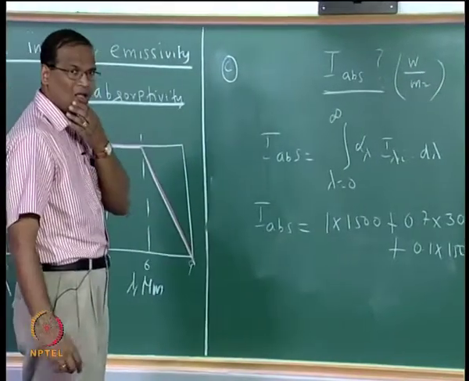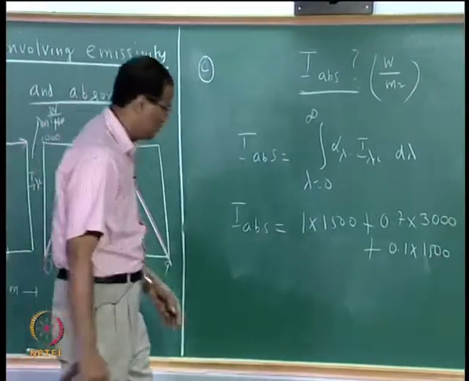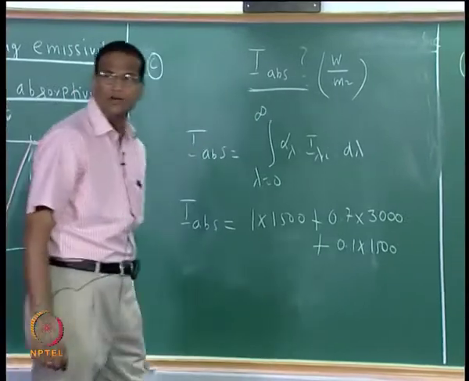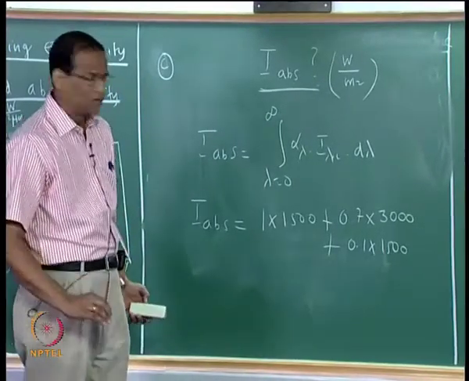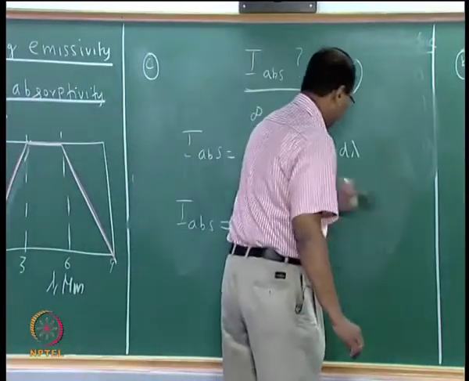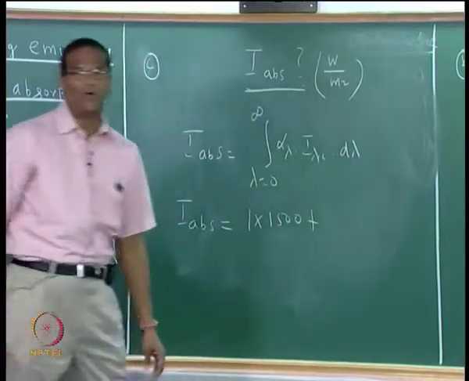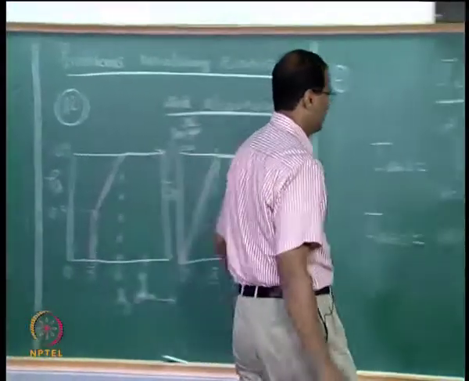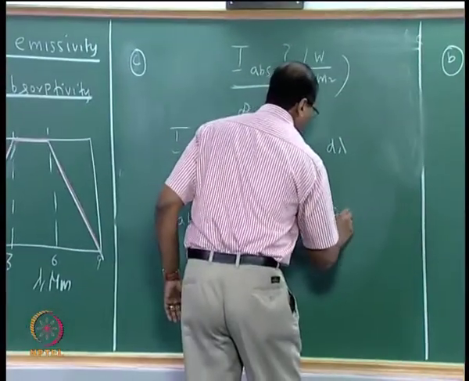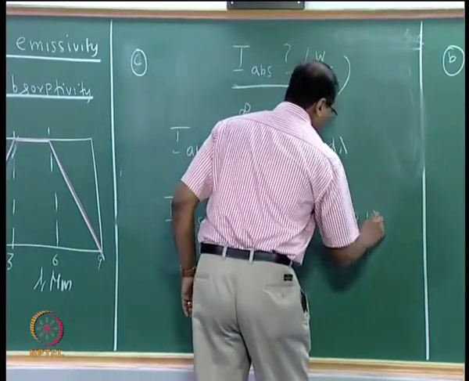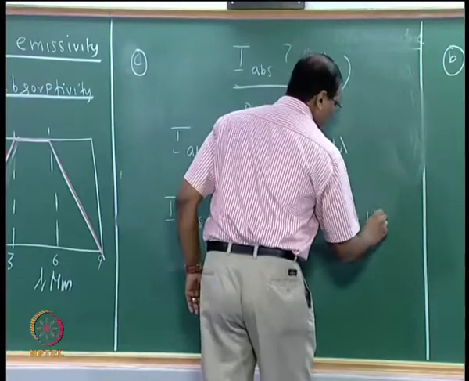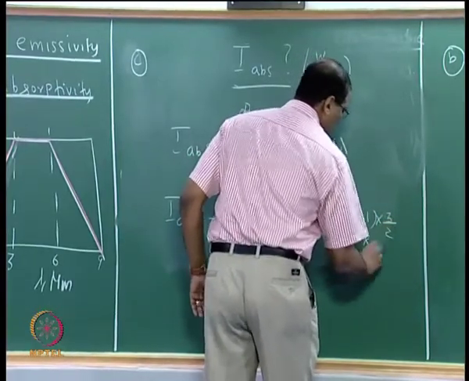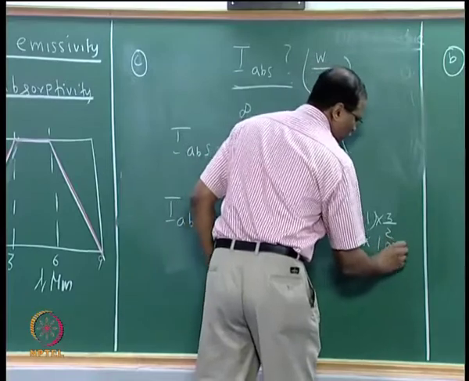Sir, it is varying. Alpha lambda varies. Then you have to do the integration. Yeah, no, okay. 0.7 plus 0.1, area of the trapezium, what is it? Okay, 0.7 plus 0.1 into 3 by 2, 0.1 into 1000, correct. All of you got this?